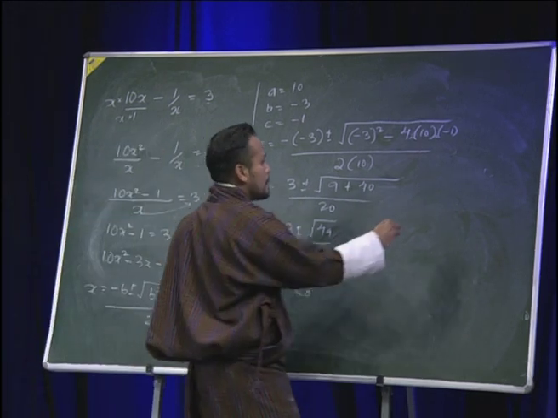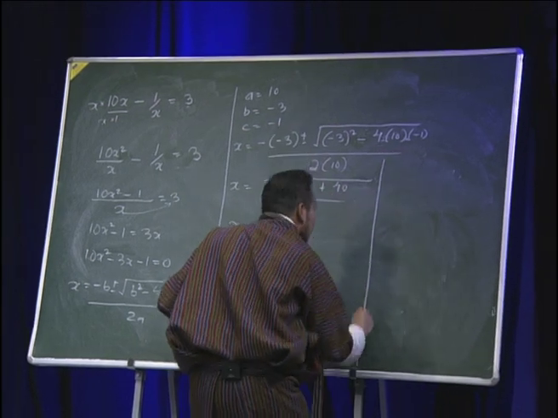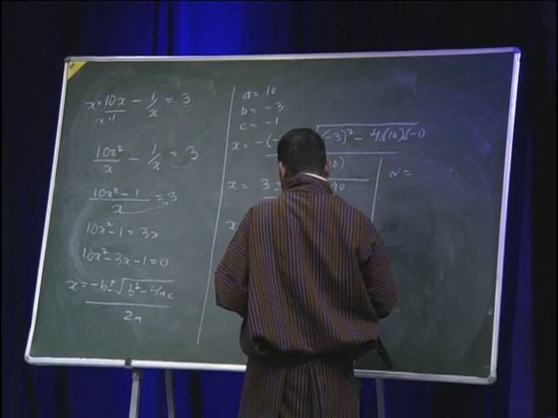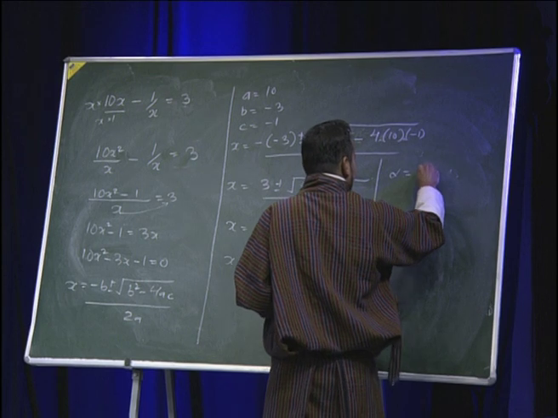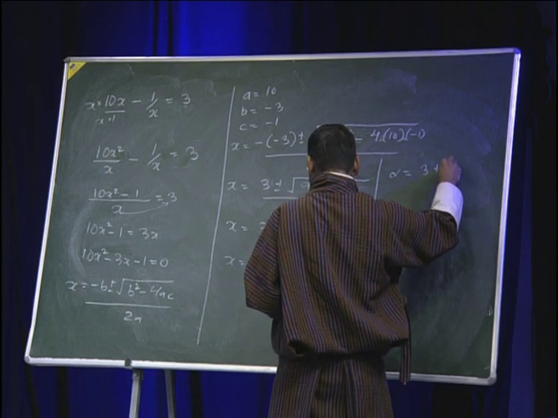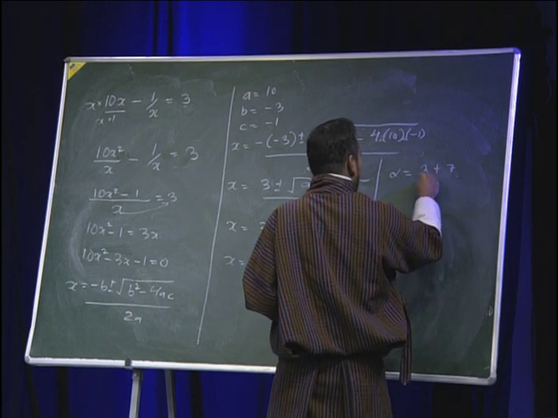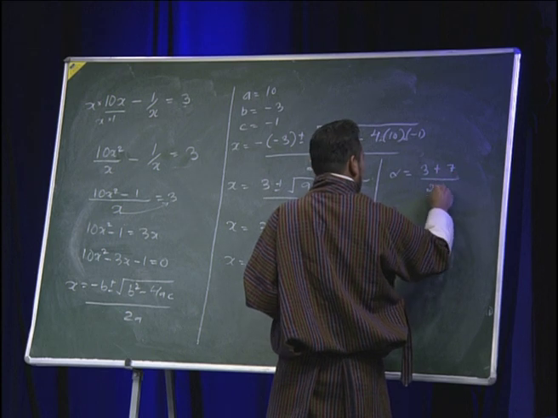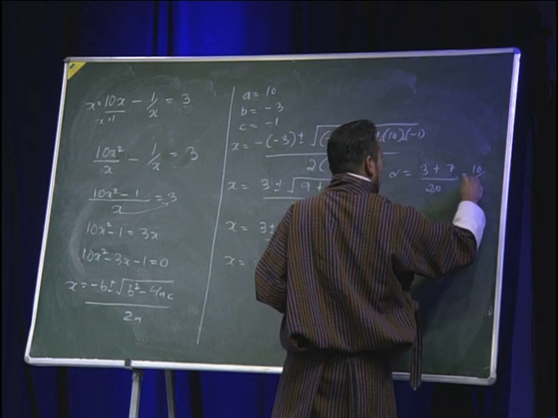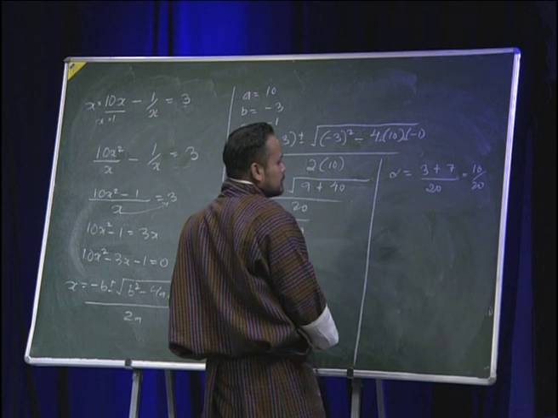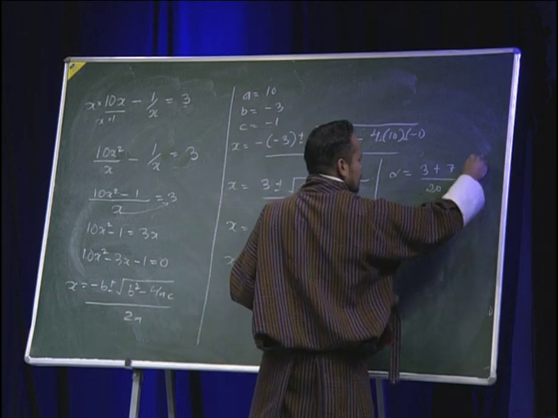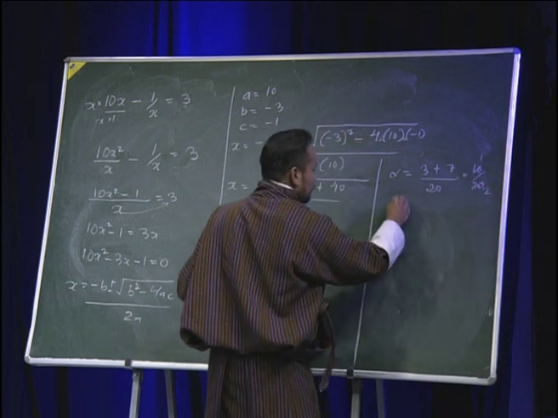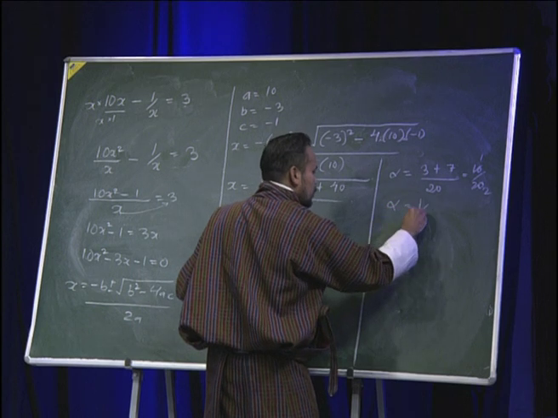So, alpha will be equal to 3 plus 7 whole divided by 20, which is 10 over 20. This can be simplified: 10 1s are 10, 10 2s are 20. Therefore, alpha will be equal to 1 over 2.